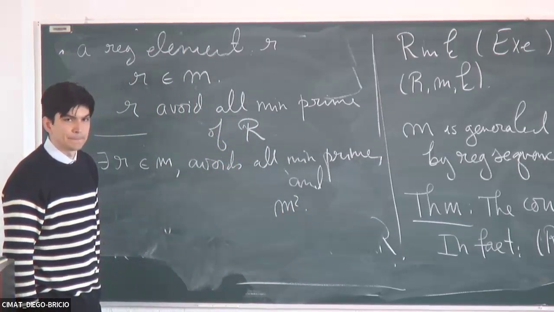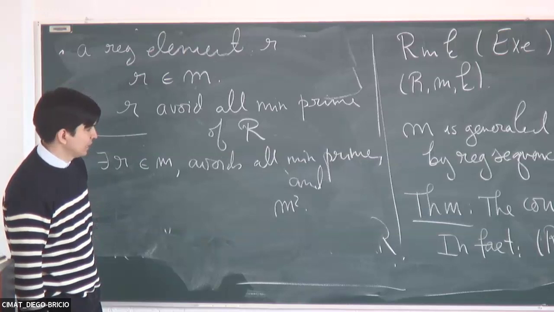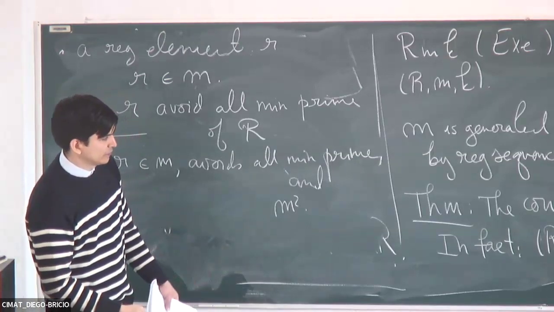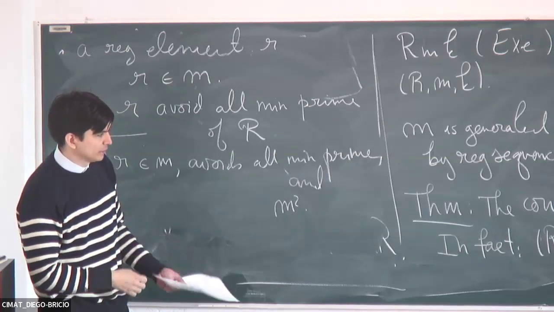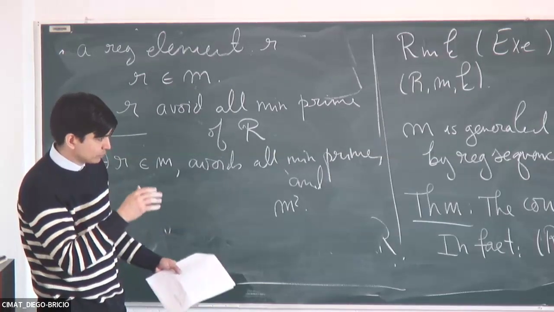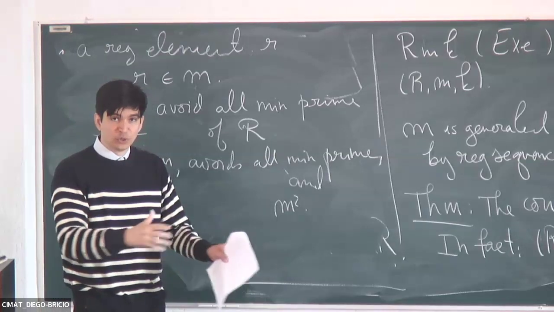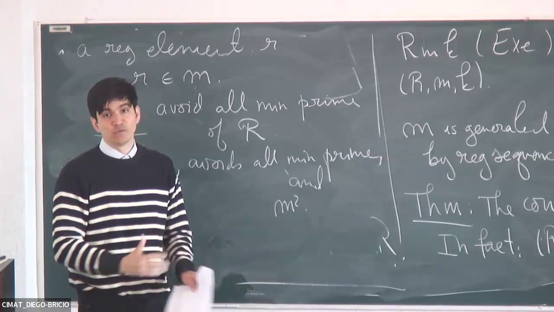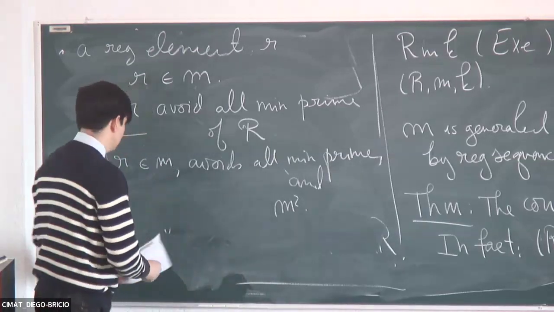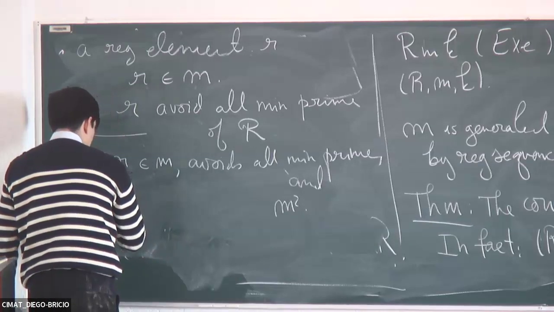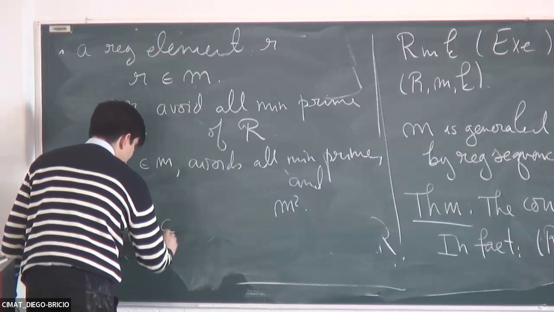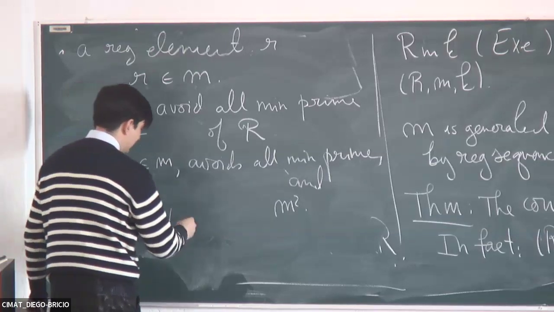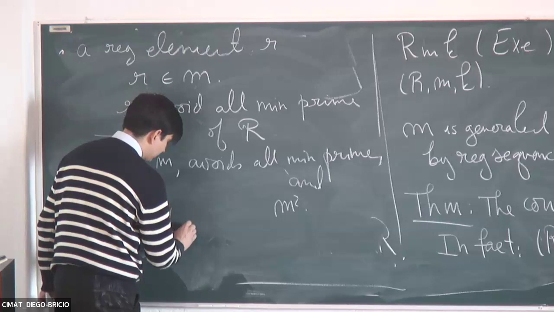Okay? And now you can use prime avoidance, right? Because another way to think about prime avoidance is that in order to avoid all these ideals, you have to avoid the union.